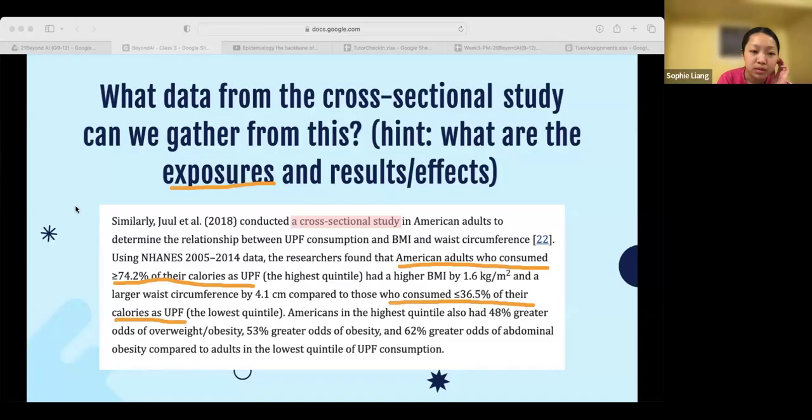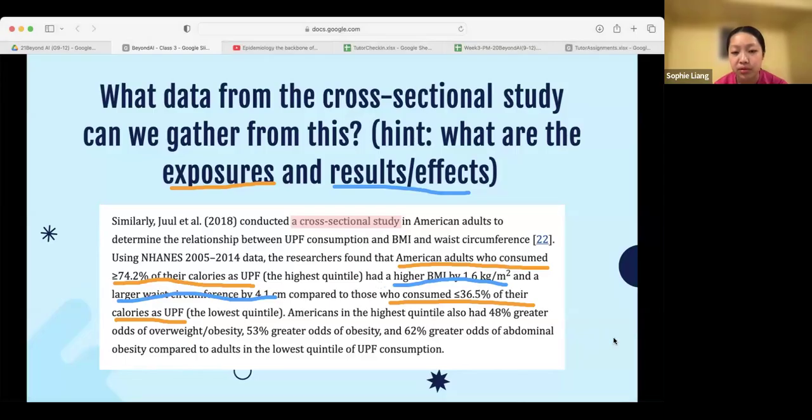And then we have some results, which I'll put in blue. So one result is that this group of people had a higher BMI of 1.6 kilograms per meter squared and larger waist circumference by 4.1 centimeters. So yeah, those are some good examples of exposures and results or effects.